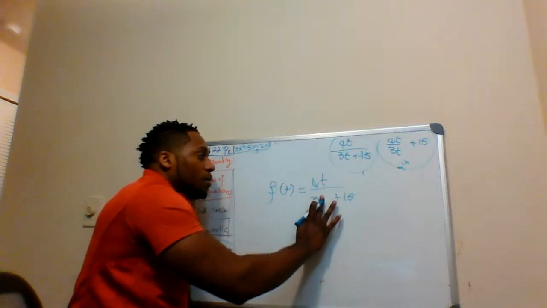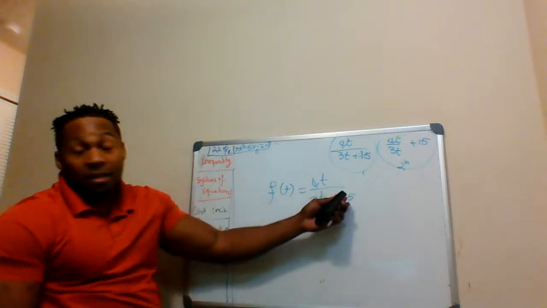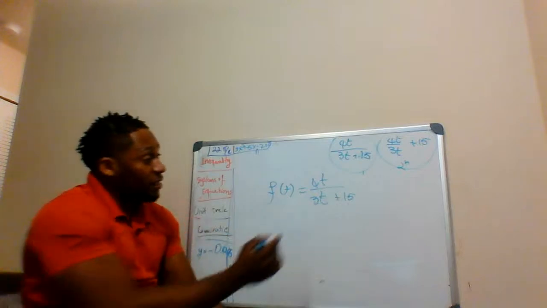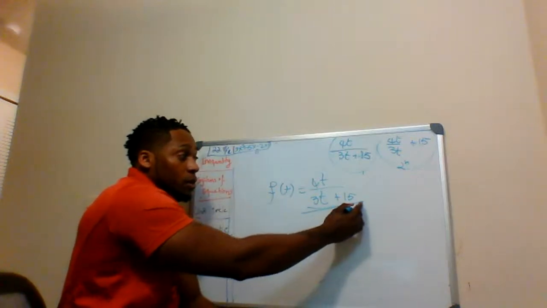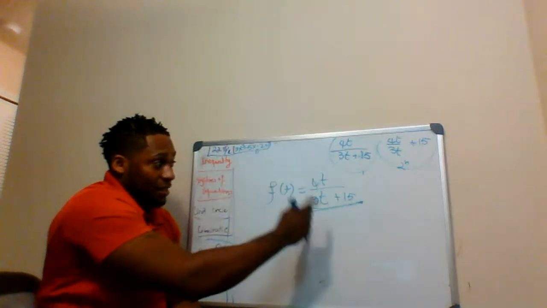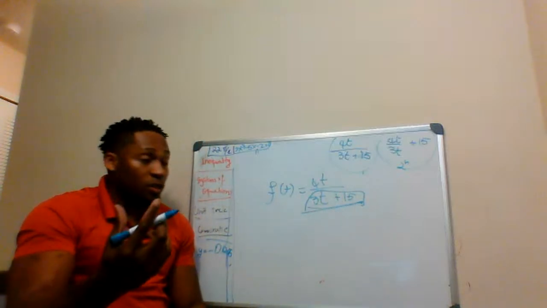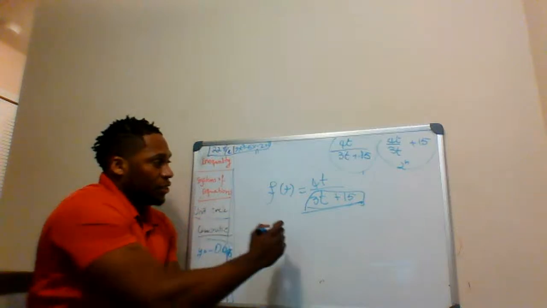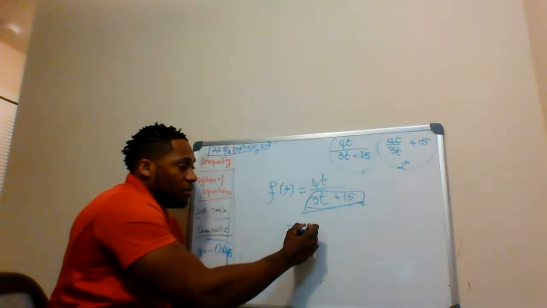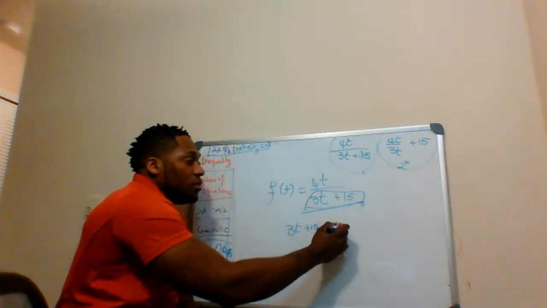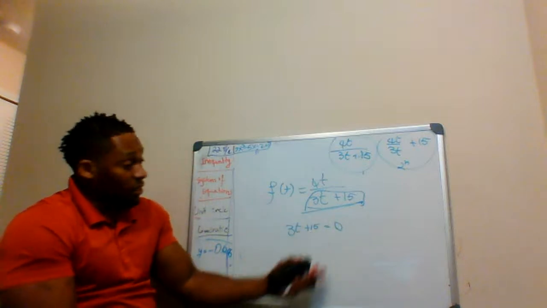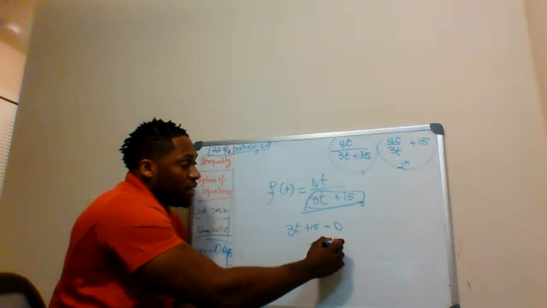So now the values that it cannot take: when you have a function like this, the denominator cannot be equal to 0. So what you're going to do is set that denominator equal to 0, and whatever value it gives you, that's the value it cannot take. So I'm going to set 3t plus 15 equal to 0. So how do I solve this? Add negative 15 to both sides.